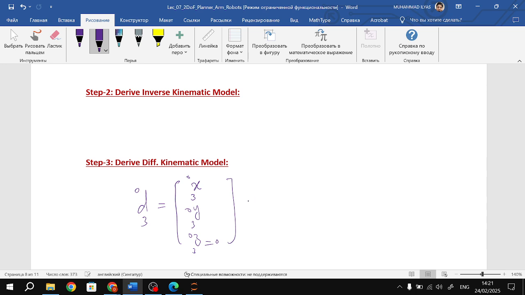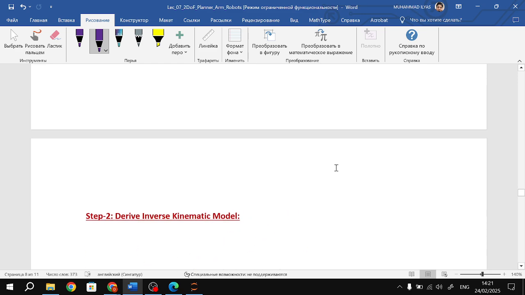So we have only these two: x position and y position. The x position means the position of the end-effector in the x axis of the base frame, and y position is the position of the end-effector in the y axis of the base frame.